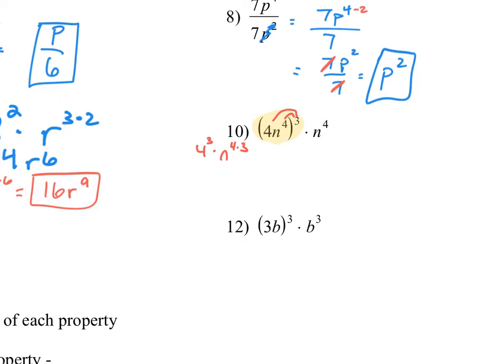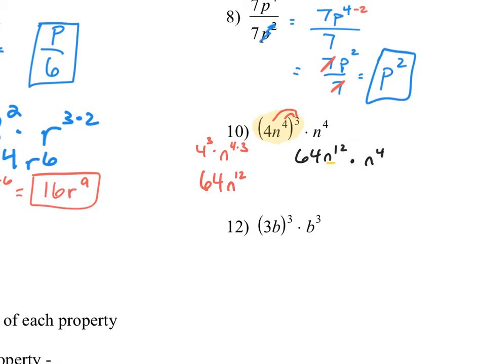Now, if you work out 4 to the 3rd, you just plug that into your calculator. That's how I would do it. It's really saying 4 times 4 times 4. You would get 64 n to the 12th. How do you get n to the 12th? 4 times 3. That means now we have 64 n to the 12th times n to the 4th, which was from our original equation.